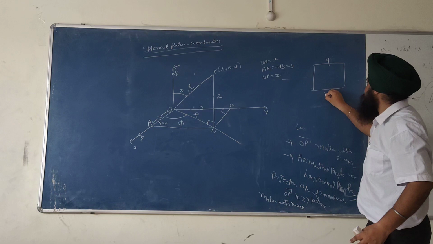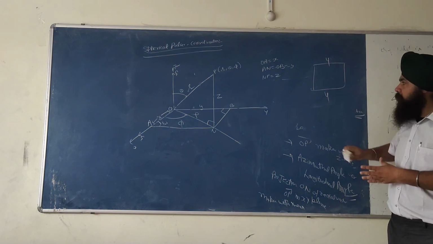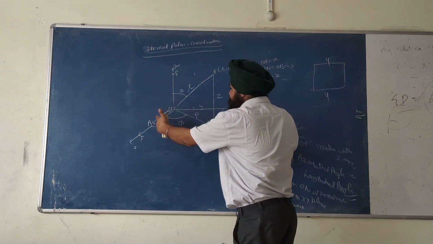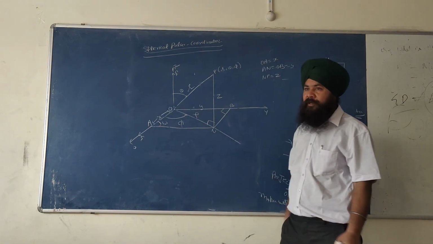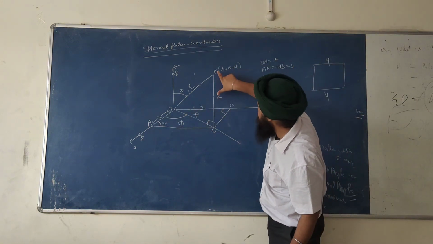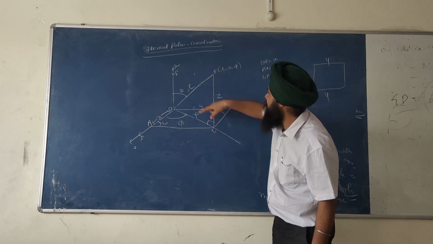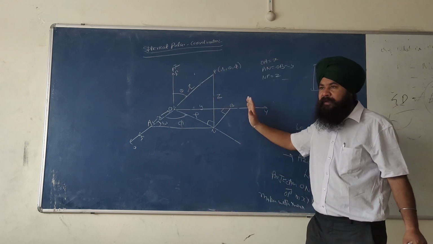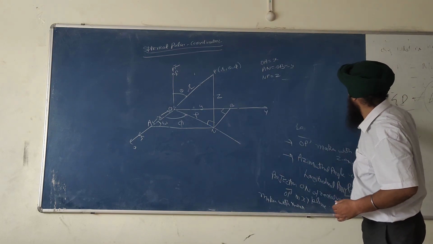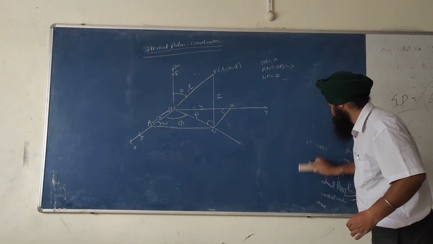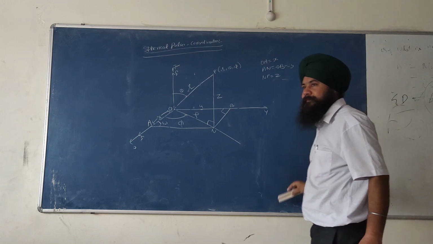If this distance is 4, this distance is also 4. So AN is equal to OB. And see, NP is equal to Z because it is acting along the Z axis. Are you getting this? Yes.